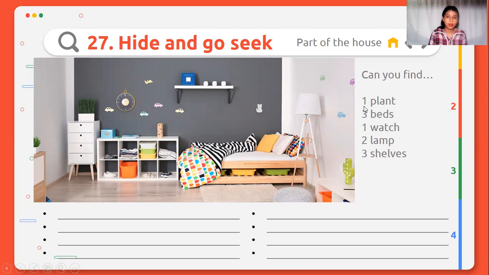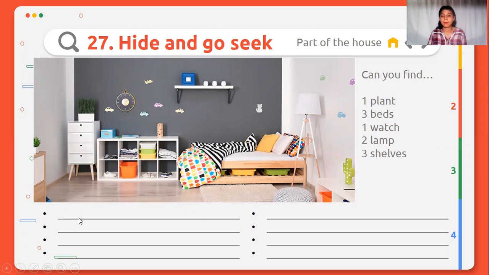For example, I put here one plant, but maybe in the picture there isn't any plant, or maybe in the picture there are 3, 4, 5, 7 plants. And the student has to write these sentences.